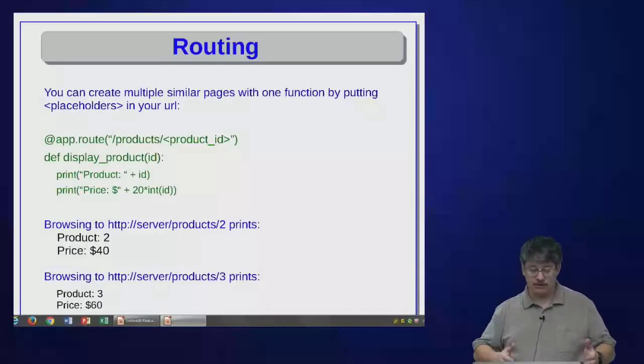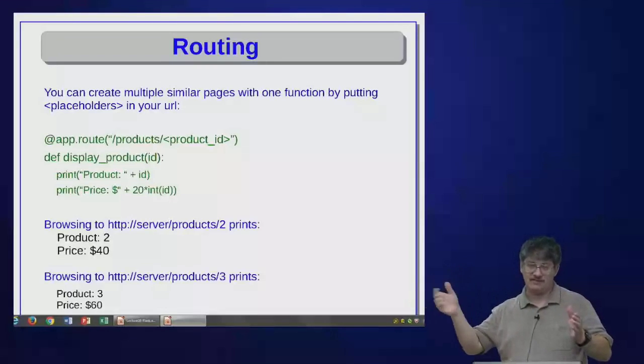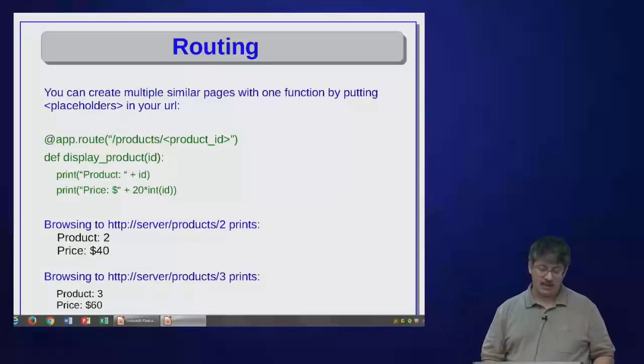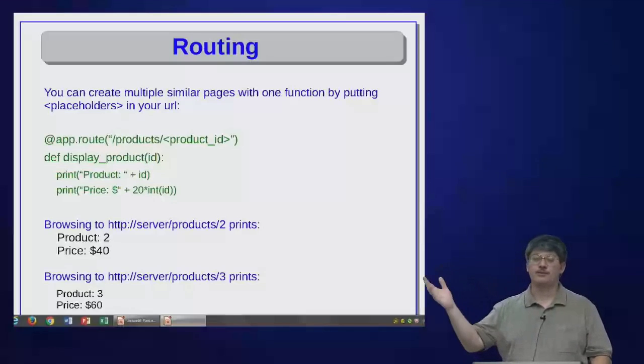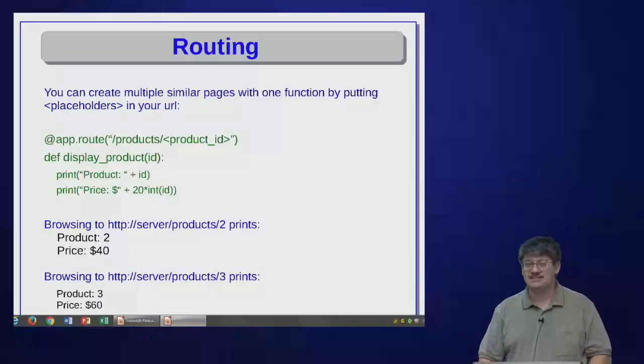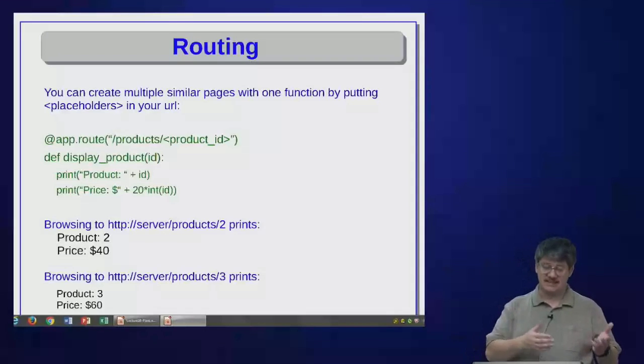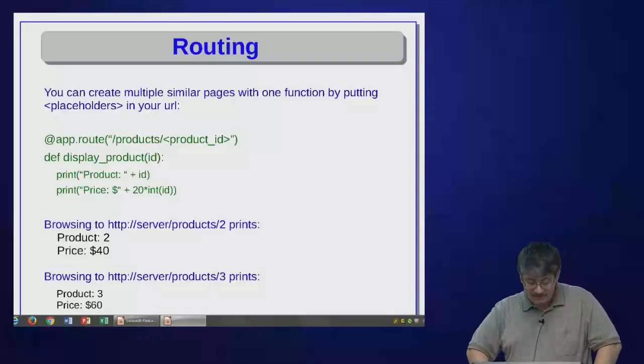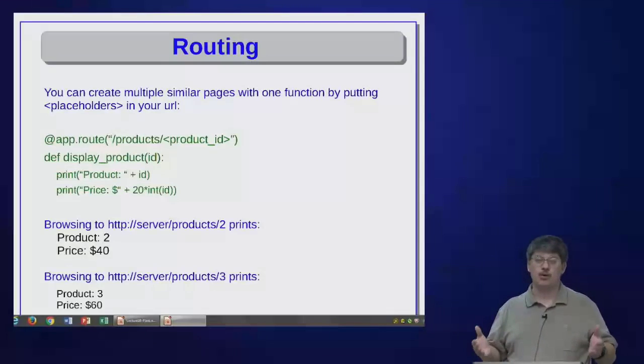So for example, I could print product: and then a 3 or a 7 by doing +ID. And then I could print the price is, and I could multiply the ID by 20 to calculate the price. Maybe product 3 is $60 and product 7 is $140. Probably your pricing system is very different from this, but it's an example. Notice that I have to cast the ID to an integer to be able to multiply it.